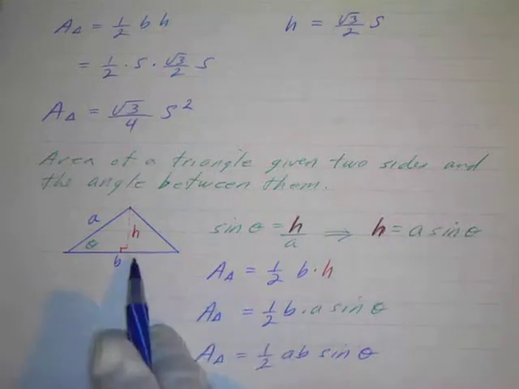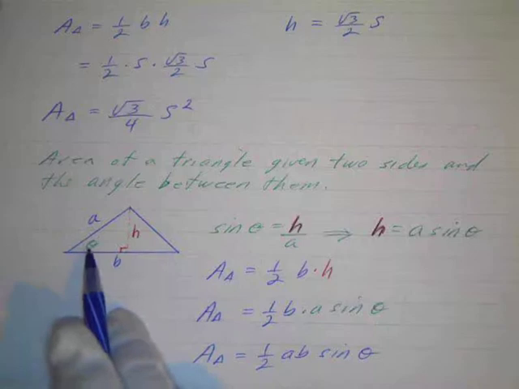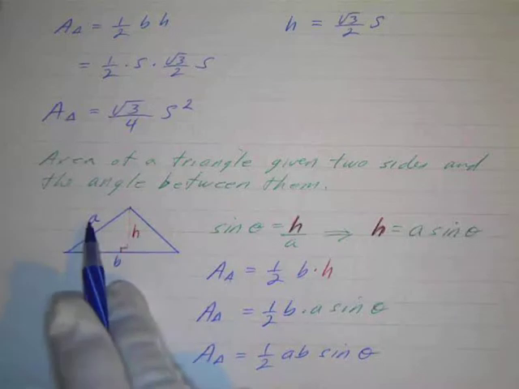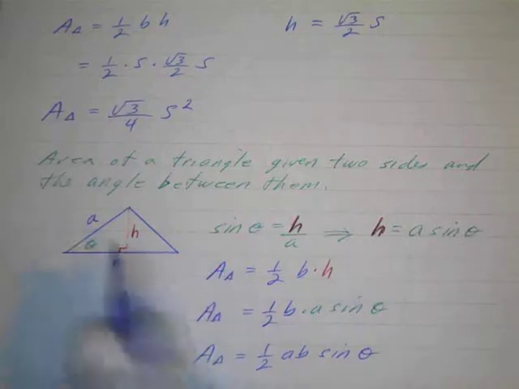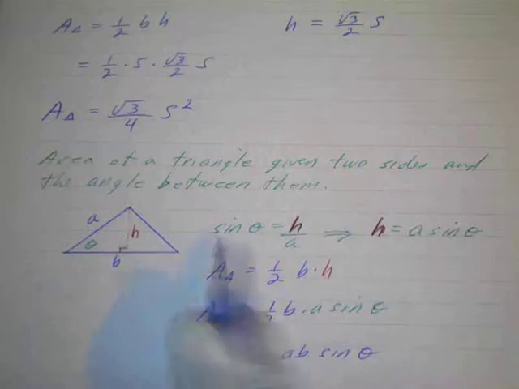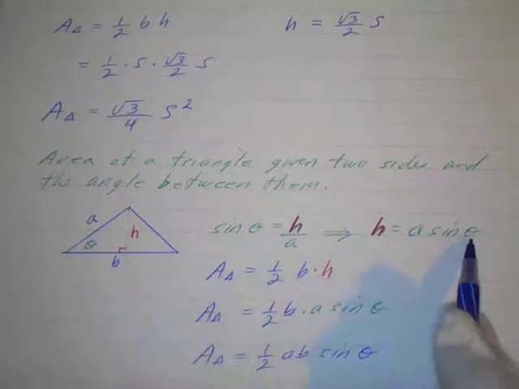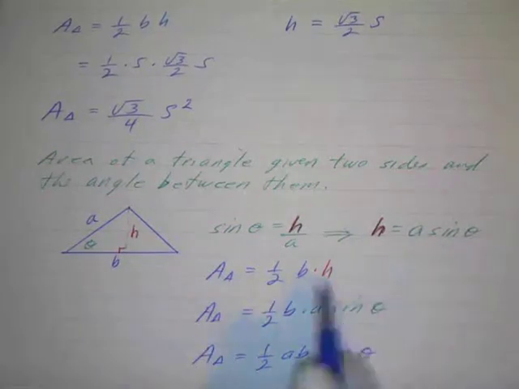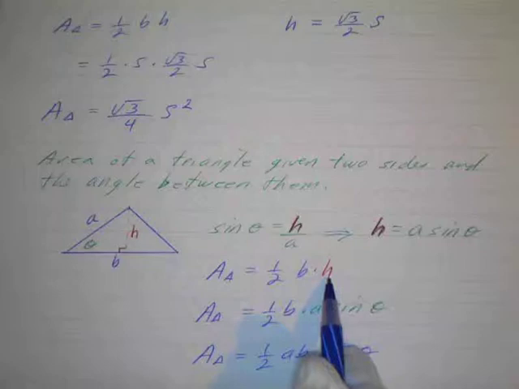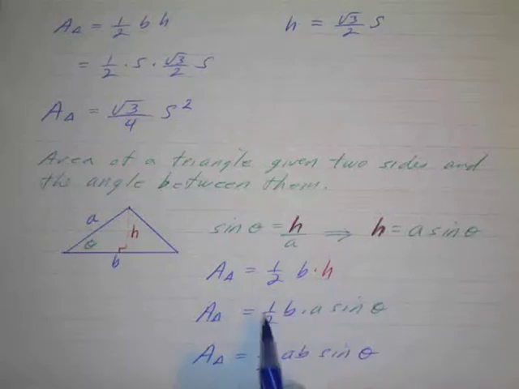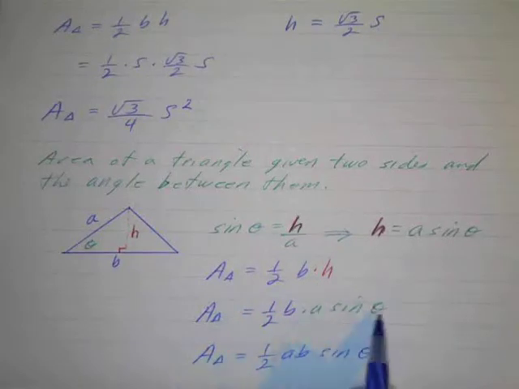But by using this right triangle, I know that the sine of theta is the opposite side over the hypotenuse. So the sine of theta would be h, my height of my triangle, over a. I can multiply both sides by a, so h equals a times the sine of theta. And then I can just substitute this h into the basic area formula. So area equals 1/2 base times a sine of theta.